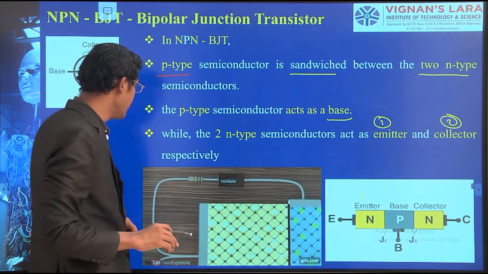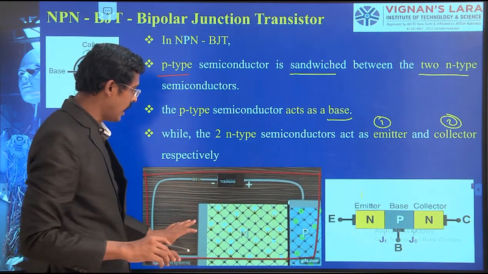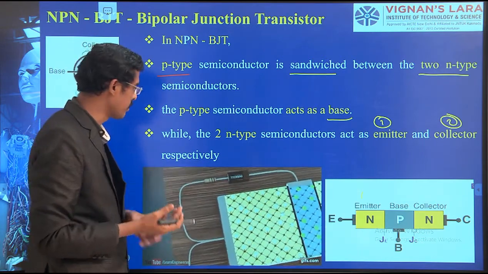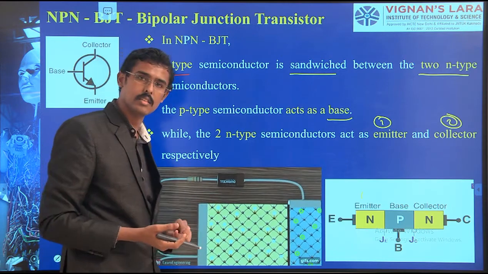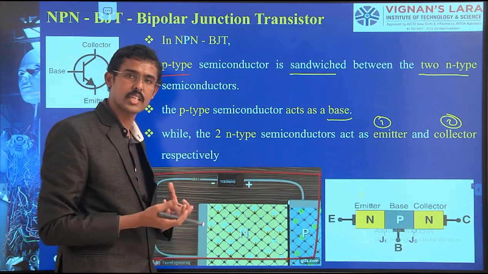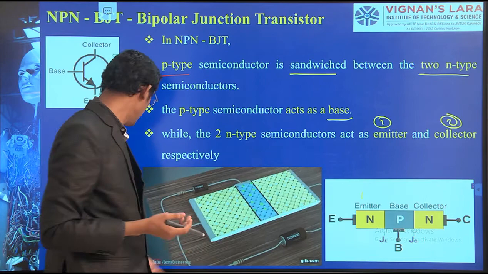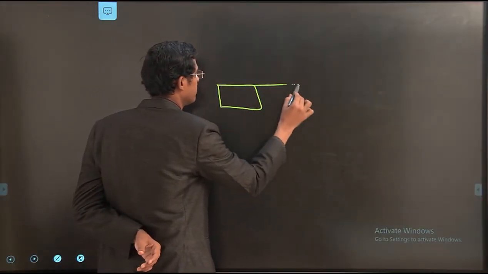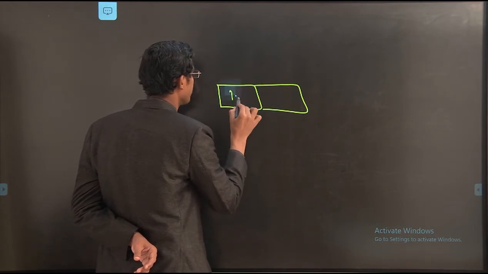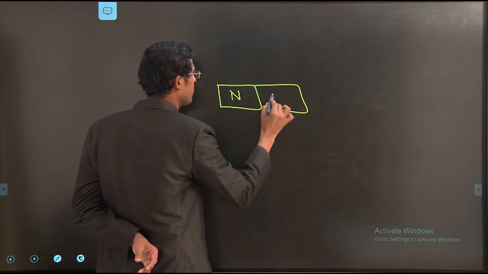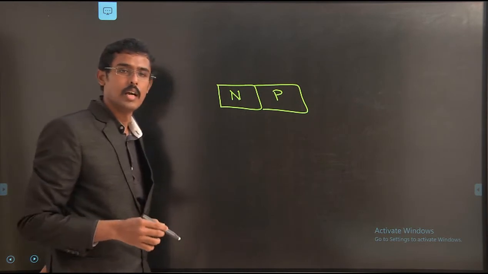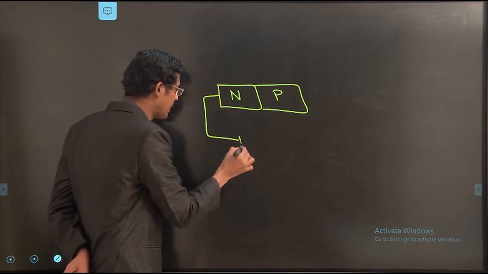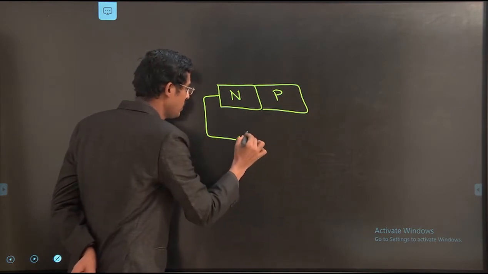So what I have done here, you see, I have taken 3 layers. We understand now the concept. We know the function of the PN junction. When we connect this, this is P and this is N, and I am connecting in forward bias. It means N is connected to negative and P is connected to the positive.